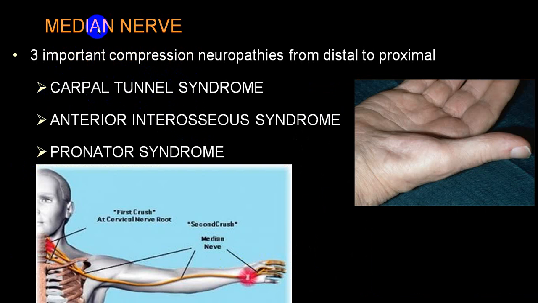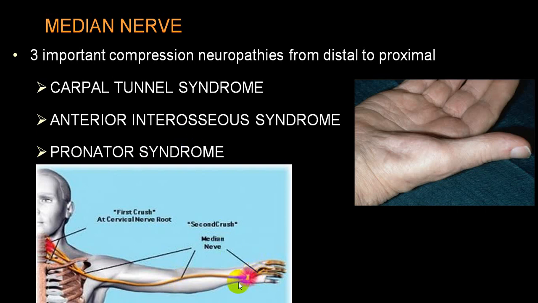Median nerve, three important compressions, neuropathy from distal to proximal: carpal tunnel, anterior interosseous syndrome and pronator syndrome, and you can have double crush. So you can get injury here or here or here.